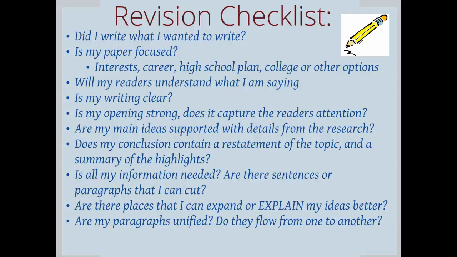Are your main ideas supported with details from the research? Does your conclusion restate the topic and summary of the highlights? Is all your information needed? Are there maybe some sentences or paragraphs that I can cut completely?